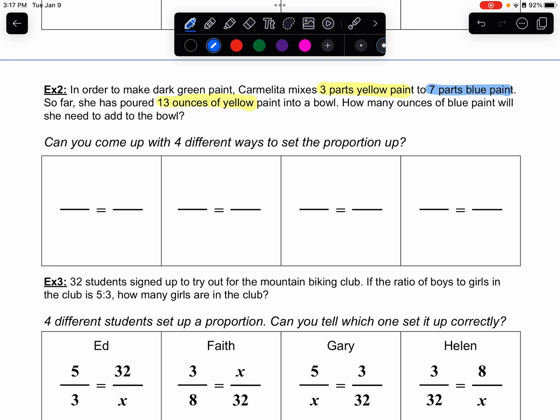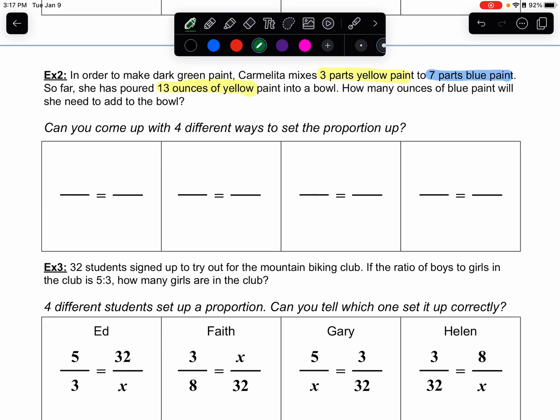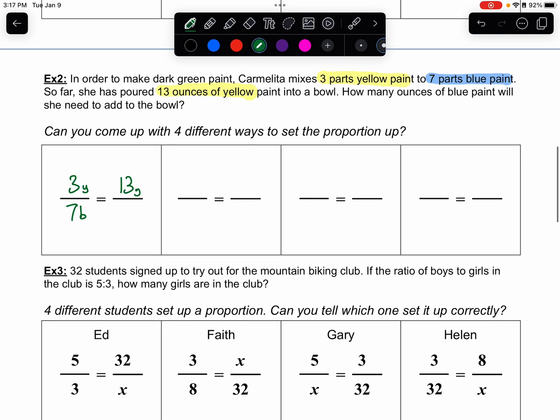So we've got to start this from scratch. She wants to make dark green paint. Our ratio is 3 parts yellow to 7 parts blue. So 13 ounces of yellow. Where does the 13 go? It goes with the yellow on top, which means we don't know how many ounces of blue, and that's where it goes down here along with the blue.